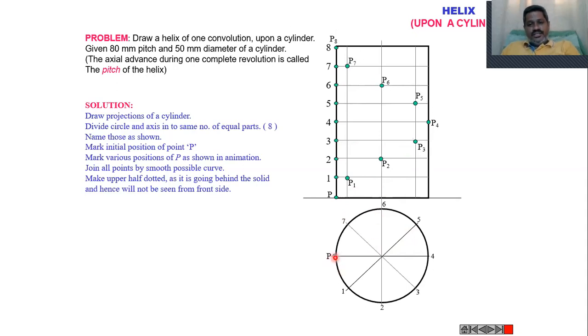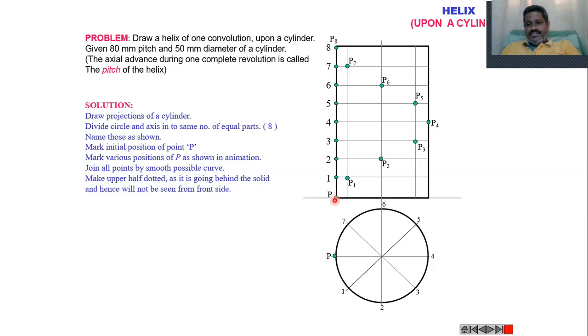So this point is moving on the circumference of the cylinder. At the same time, this point is rotating as well as advancing along the axis of the cylinder. The path traced by this point is called a helix: the path traced by a point when it moves on the circumference of the cylinder along the axis as well as rotating.